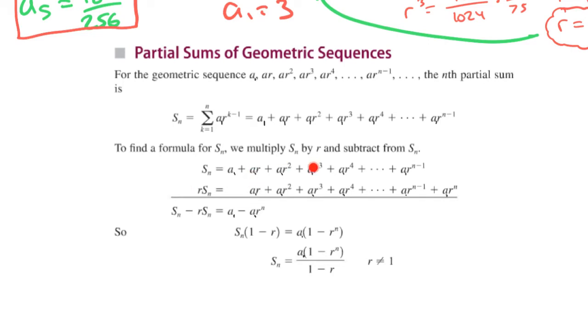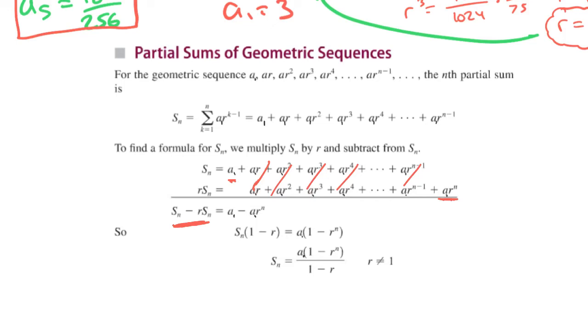Well, you notice those all line up. And if we subtracted, every single one of those would cancel out in the middle, except for the first and the last. So I would get s sub n minus r times s sub n equals a1 plus a1r to the n.